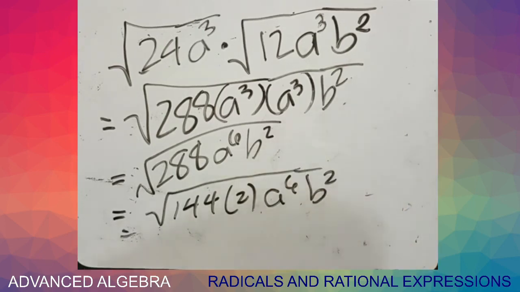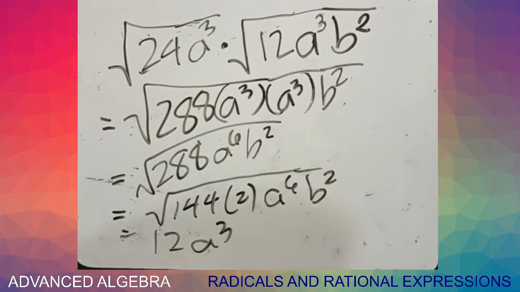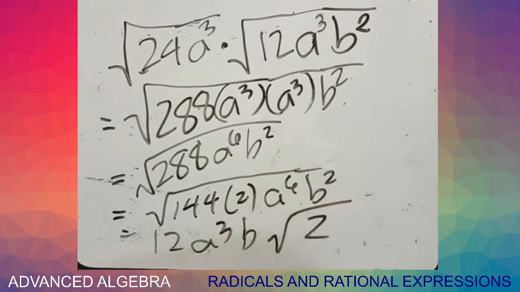So, the square root of 144 is 12. Ilabas natin. So, 12. Ang square root ng a to the 6th power ay a to the 3rd power. Then, the square root of b squared is b. So, yan, the 12a cube b, the square root of 2, ang sagot.